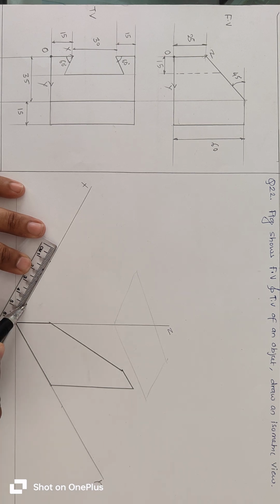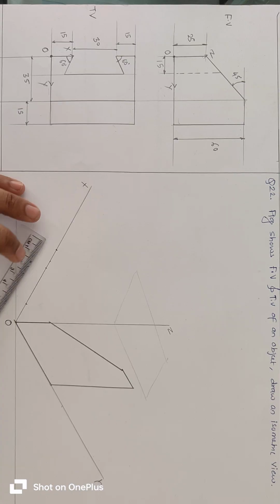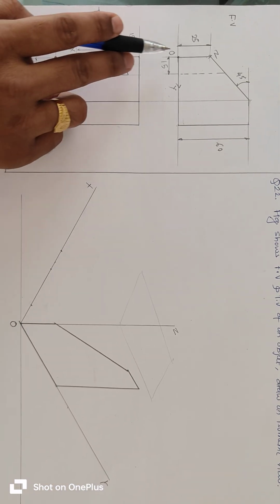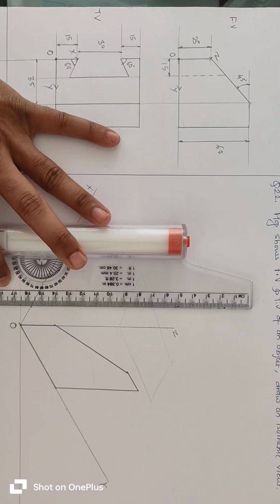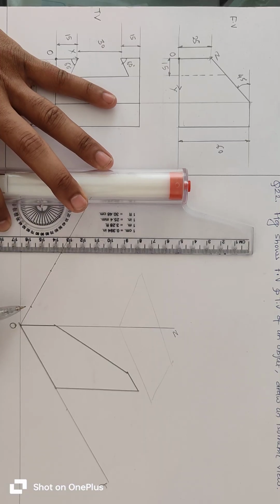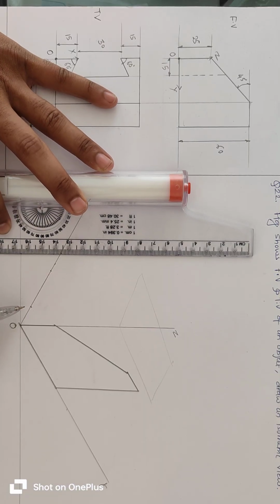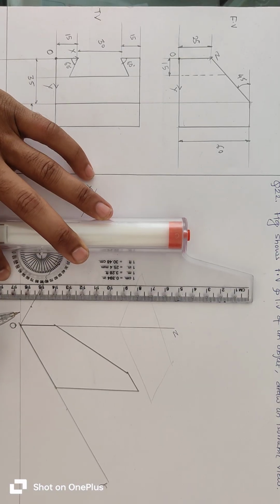First point is at 15 mm, then from this 15 mm point 30 mm, and last point is at 60. All points have a height of 25 mm.